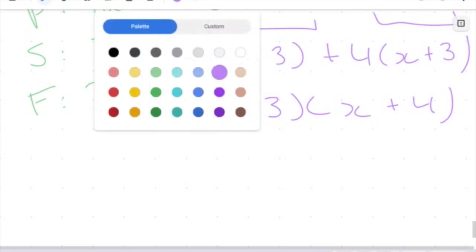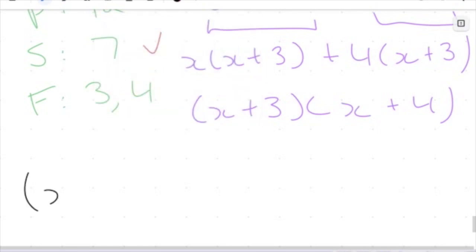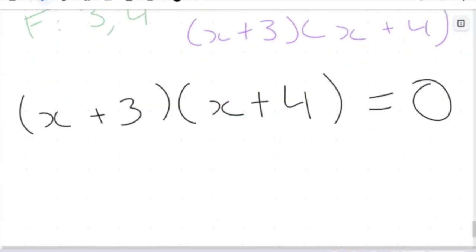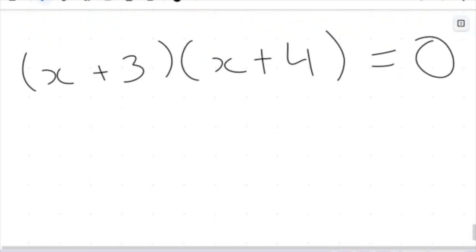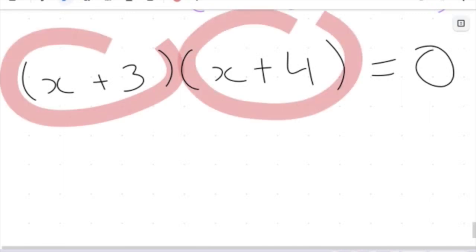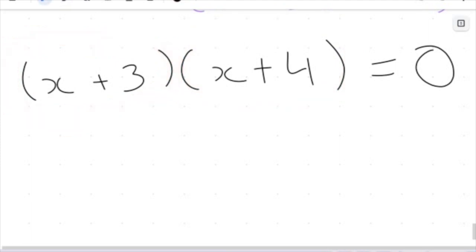So this is going to become (x plus 3)(x plus 4) equals 0. And applying the null factor law, I want to solve each of these particular expressions to find a value of x that makes each expression 0.